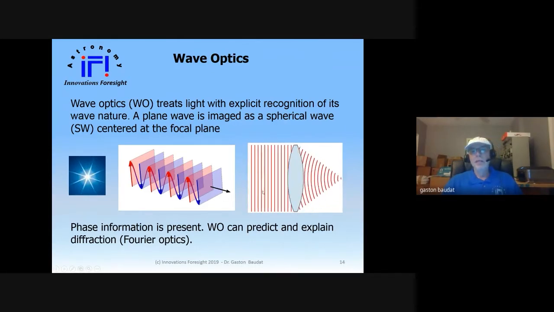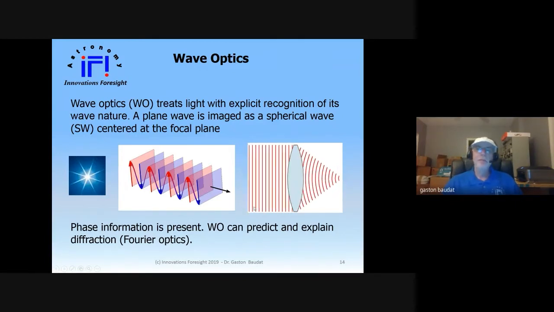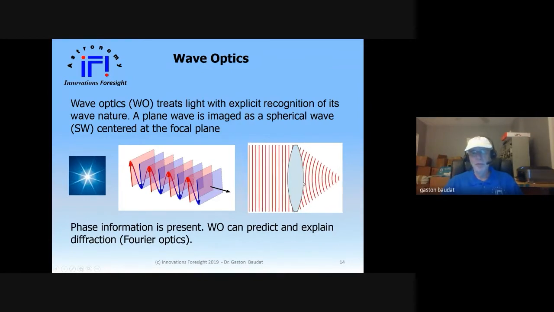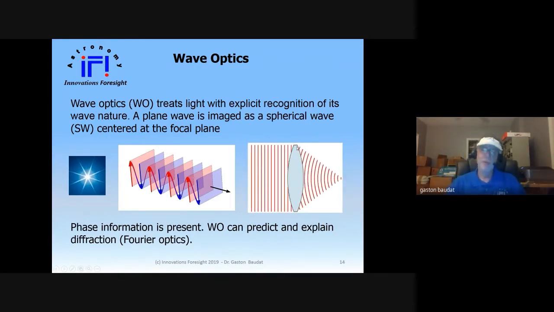And here is an image of the plane wave. The red lines being the peak, and the white being the trough of the wave. And the wave is moving at the speed of light, of course, toward your optical system. This will be a perfect scope, which in this example is a perfect lens.